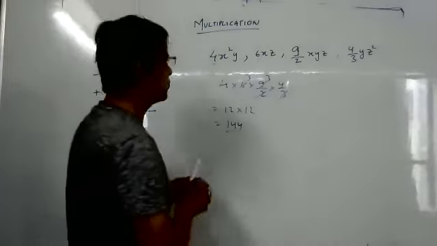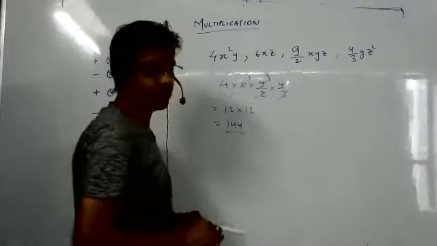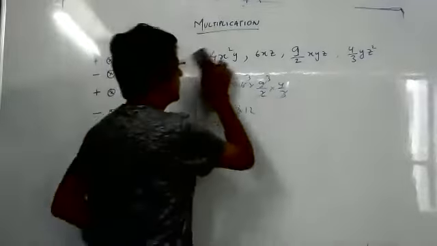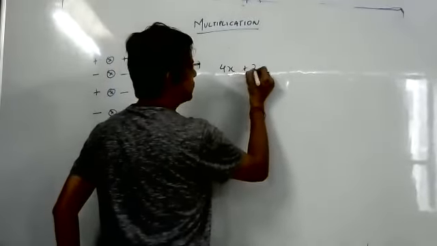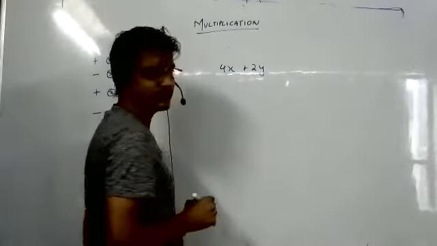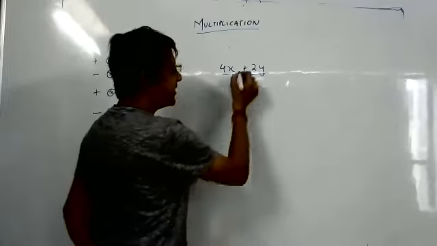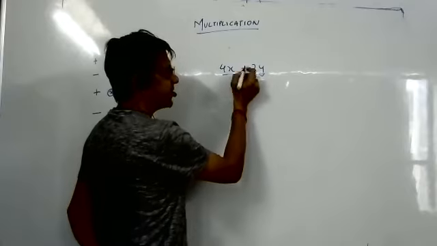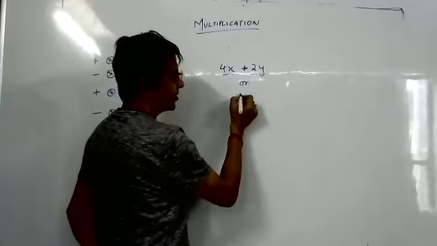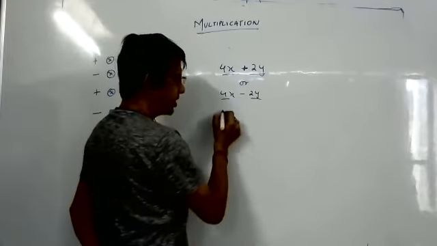So this is known as product of monomials. If I write 4x plus 2y, how many terms are there? 2 terms, 1 and 2, right? When an algebraic expression is separated by plus or minus, they are 2 terms, not in multiplication.